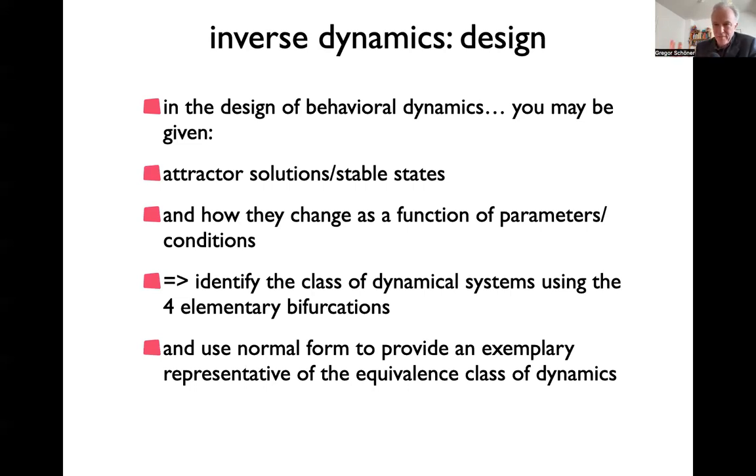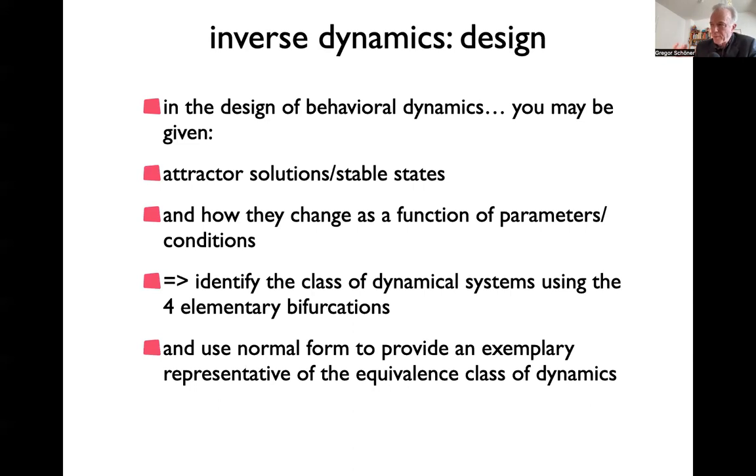We will see next week. Unfortunately, some of the systems we'll be looking at use angular variables, heading direction, and then the normal forms that I just showed you don't work because they are not on periodic spaces. They work on linear spaces, on R, the real numbers, and the other ones work on S1, the circle. Therefore, the normal forms are with sine and cosine, and it's a little bit different from what I just showed you, but the spirit is the same.